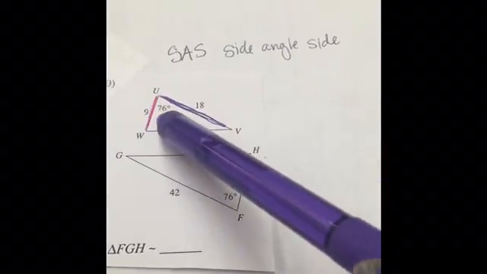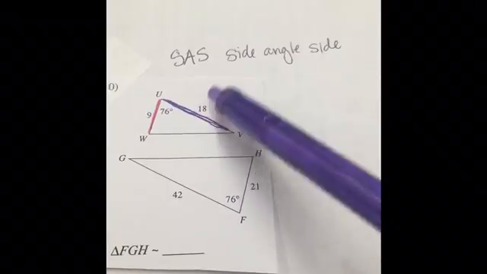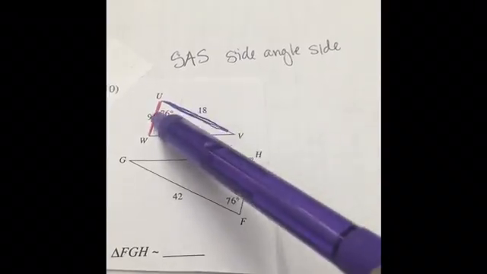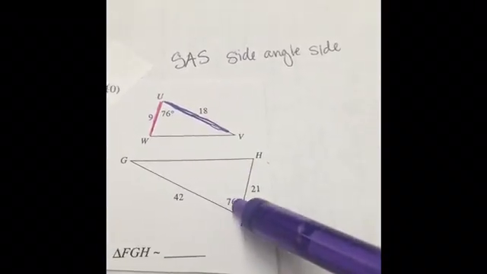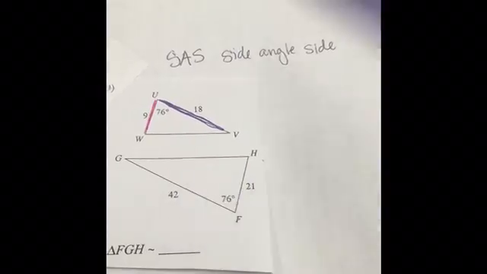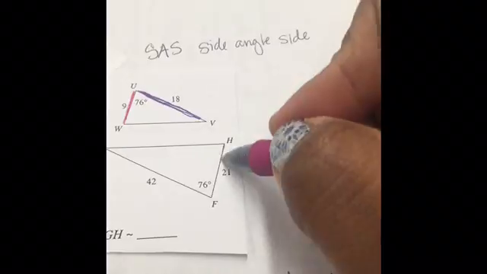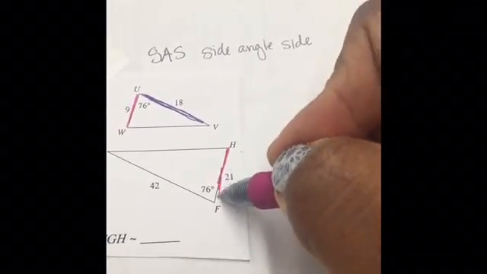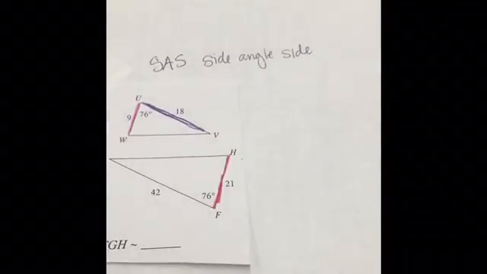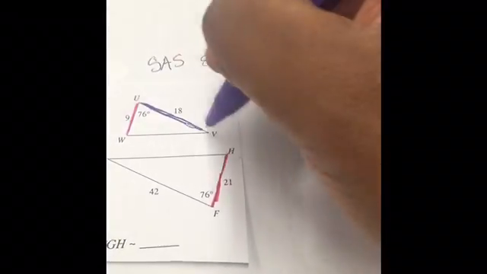If I look, this side is smaller than UV, so 9 is smaller than 18. If I look on this triangle, 21 is smaller than 42. So I know that the 21 would be corresponding to the 9, or FH would be corresponding to UW. And I know that UV is going to be corresponding to FG. So the 18 and the 42, those two sides correspond.